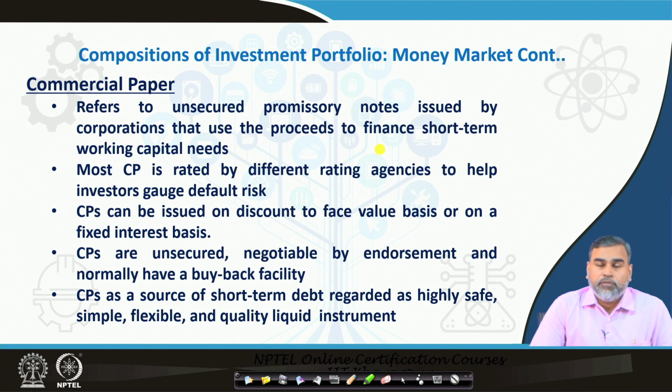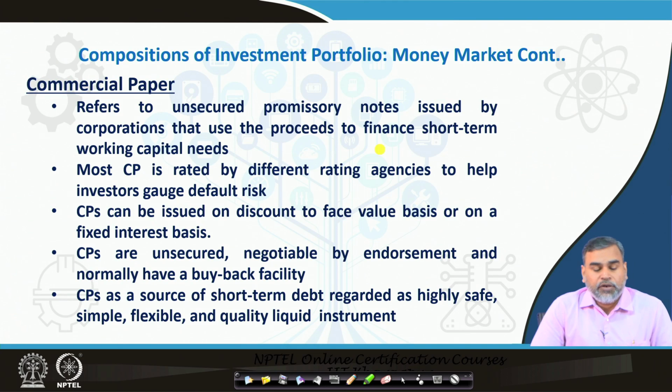They are unsecured, meaning they are not backed by any kind of collateral. They are negotiable by endorsement and normally have a buyback facility. As a source of short-term debt, commercial papers are regarded as a highly safe, simple, flexible and liquid instrument.